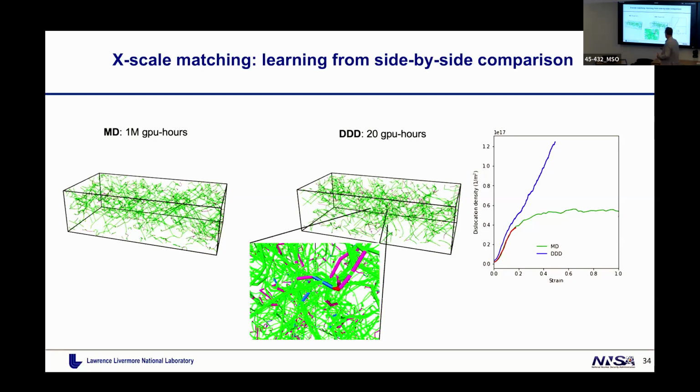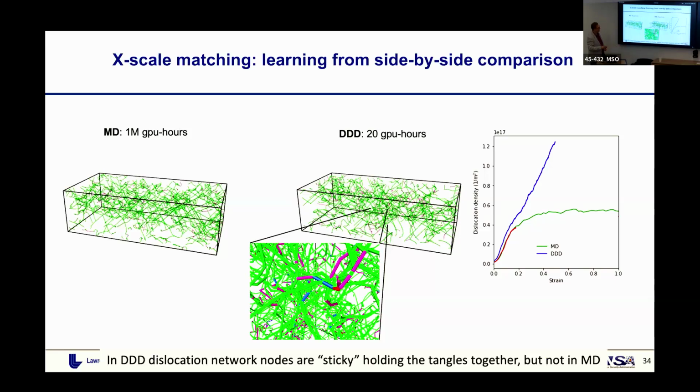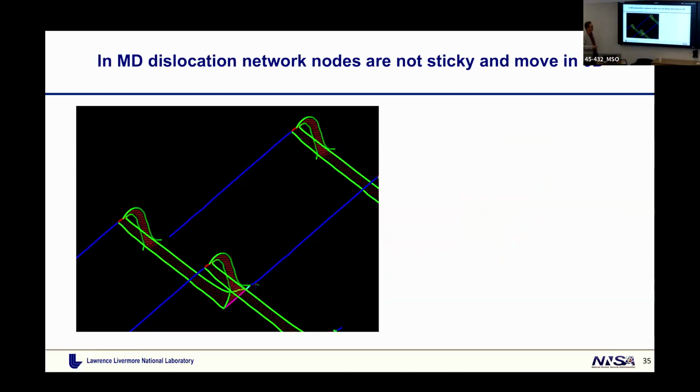When we look inside, we see very dense tangles of dislocations forming in DD. They do form sometimes in MD, but they find a way to dissolve themselves. When we looked in more detail at what's behind these behaviors in MD, we found what we termed sticky nodes. Some develop in DD, but not in MD. What's going on? So it was worth looking into MD.